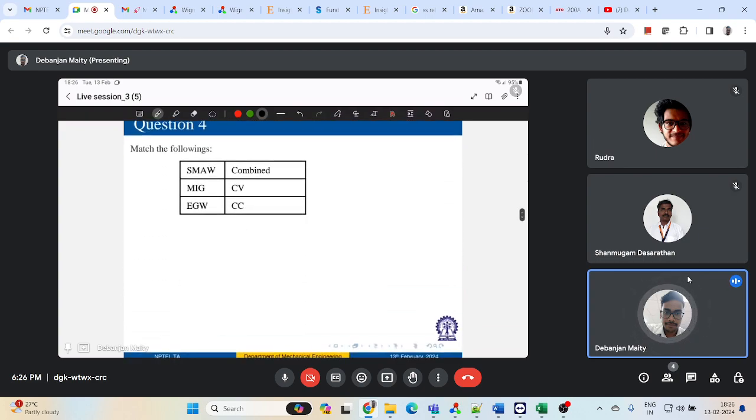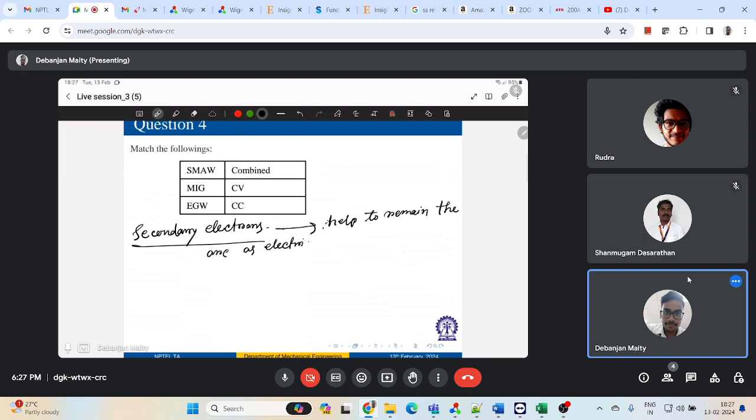So always the secondary electrons help the arc to remain electrically conductive, right?